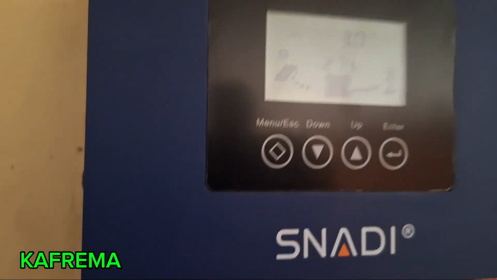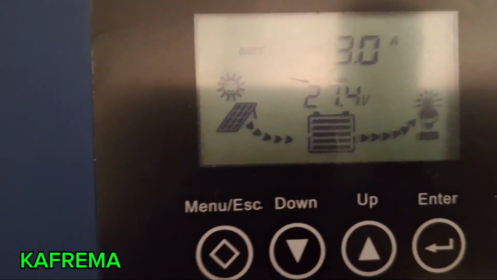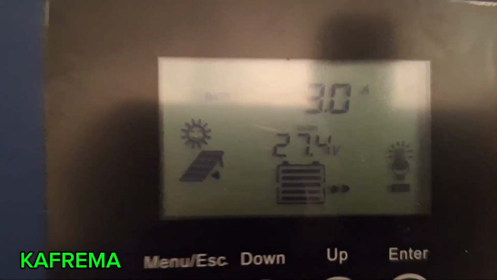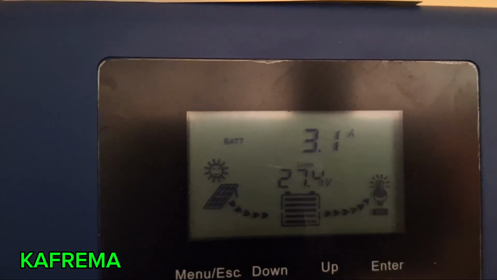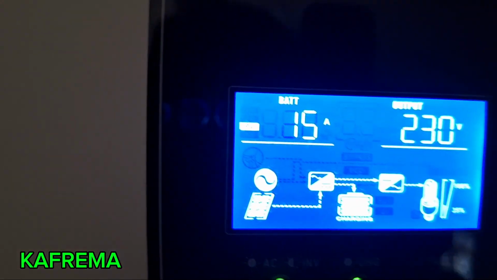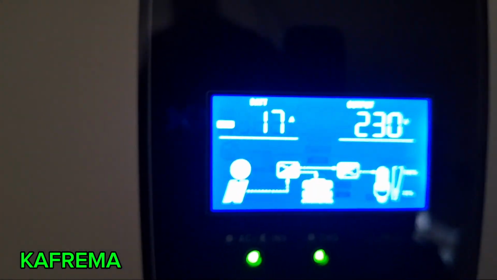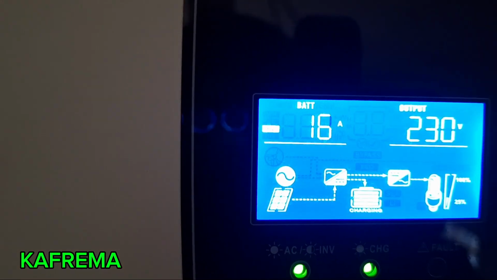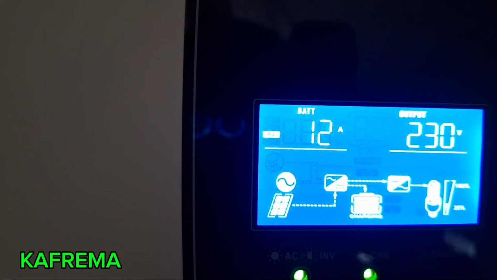This 24 volt system, you see, shows 27.4. The battery is at 24.7 volts right now and is charging with 3 amperes. This is a higher system. You see this one is the 80 ampere charging one I showed you.